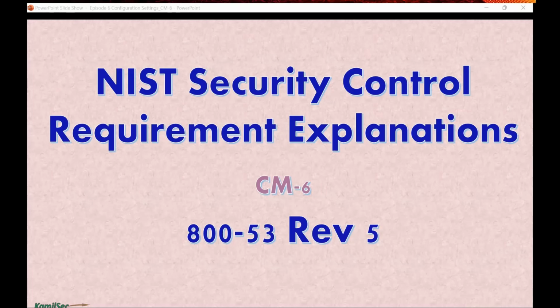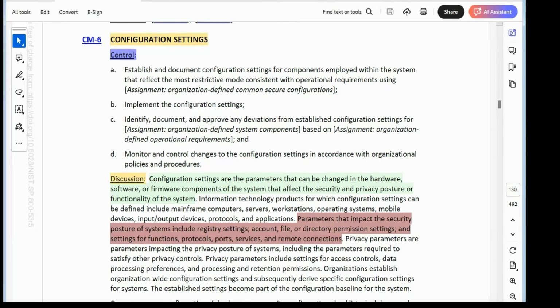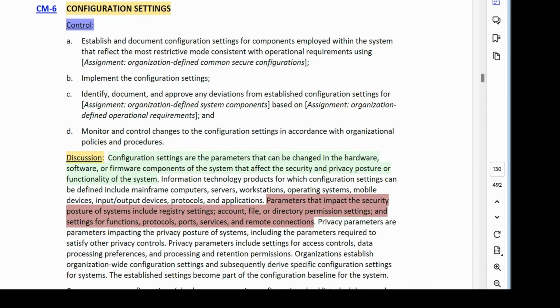Now, let's read the security control requirement explanations for CM-6 configuration settings in 800-53 Rev 5. CM-6 configuration settings. The control. A. Establish and document configuration settings for components employed within the system that reflect the most restrictive mode consistent with operational requirements using assignment: organization-defined common secure configurations.